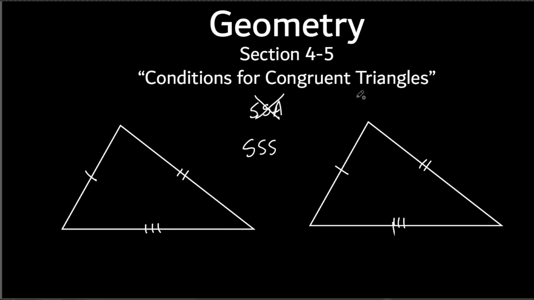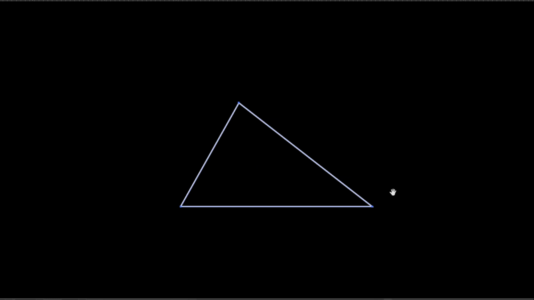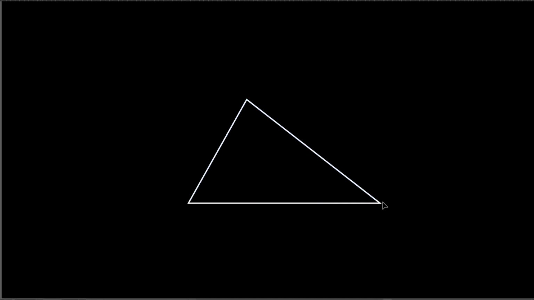That's a good question. I'm glad you asked that. Listen. The question was, is there an angle, angle, angle? There is not an angle, angle, angle. You guys going to let me talk or not? There's no angle, angle, angle. I can show you that one very easily with this triangle right here.